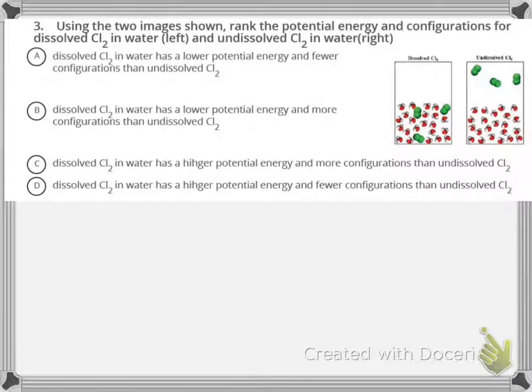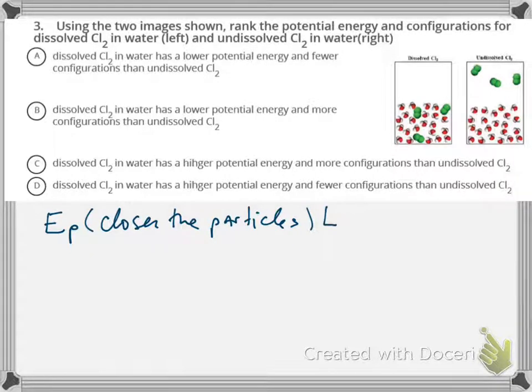Okay, question number 3. In general, we use this problem to think about PEC diagrams, but here we're just trying to order the potential energy and the configurations based on the 2 states we see. So the potential energy general rule is the closer the particles are on average, the lower the potential energy.